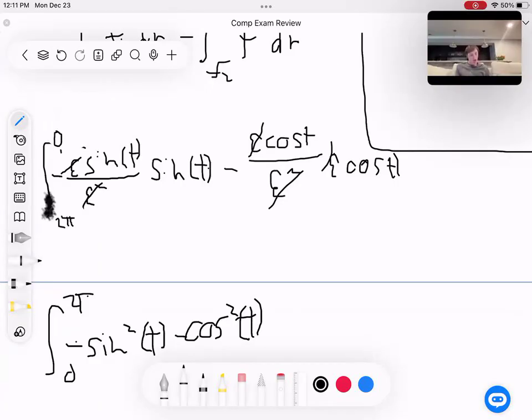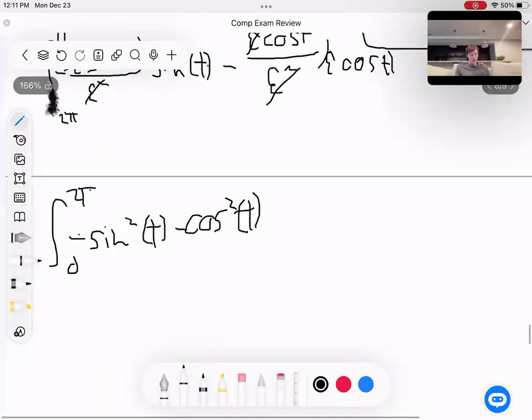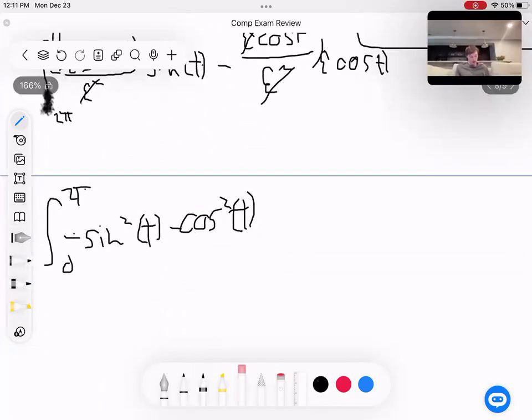And we could reparameterize it with just putting a negative there, but it's actually less work to just do it that way, and I am lazy. But just pay really close attention to that, right? When we parameterize, we need to be parameterizing in the correct direction. So that's going to turn into 2 pi to 0. And we know that sine squared plus cosine squared is 1, so that's going to turn into negative 1.